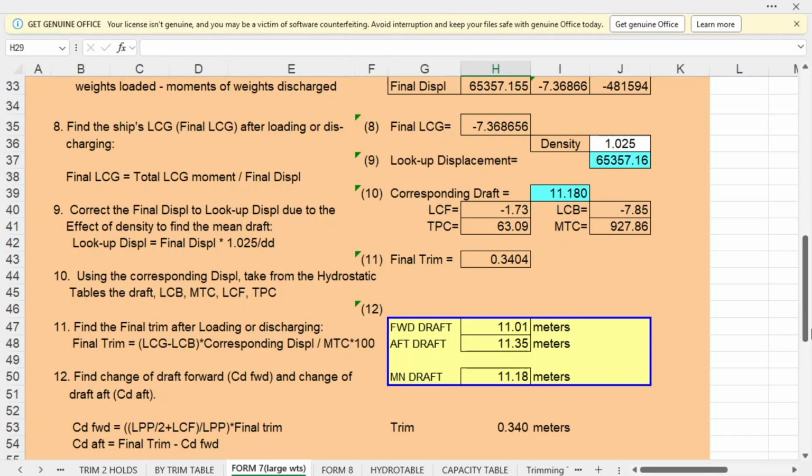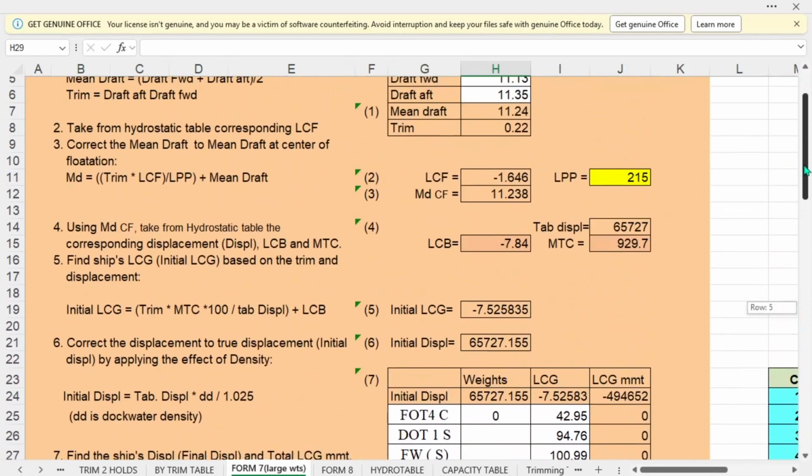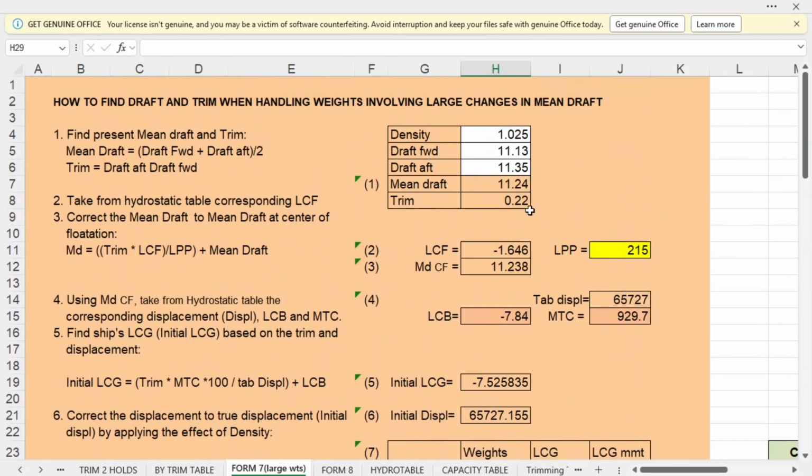So you change now the draft because you have taken out the 370 metric tons in fuel oil tank number 1. So let's put this to 11.01, and aft draft will be 11.35.